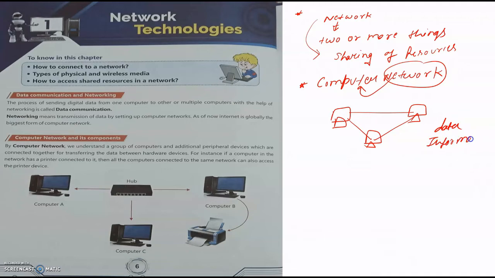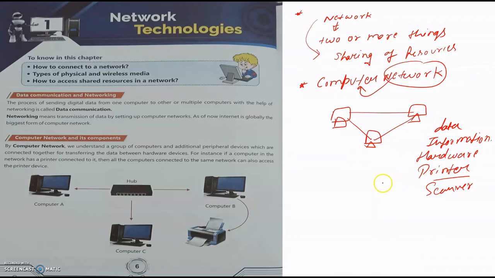Or any kind of hardware resources like printer, scanner, you can share if the computers are connected with each other. That is the purpose of networking. With the help of networking, we can connect lots of computers with each other for the purpose of transmitting data from one end to another end, from one device to another device.